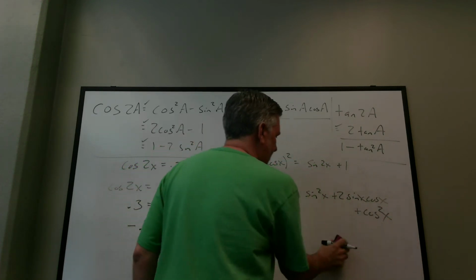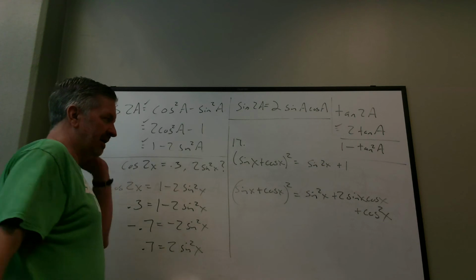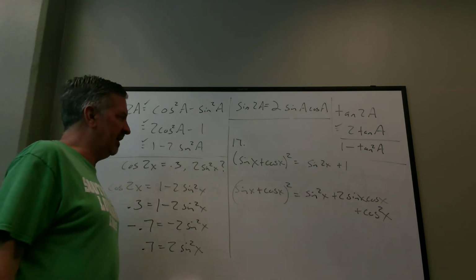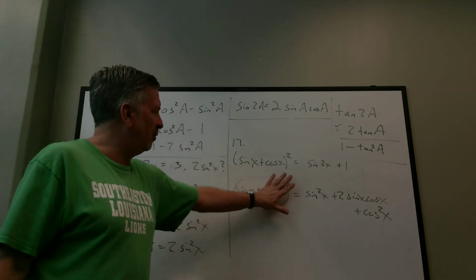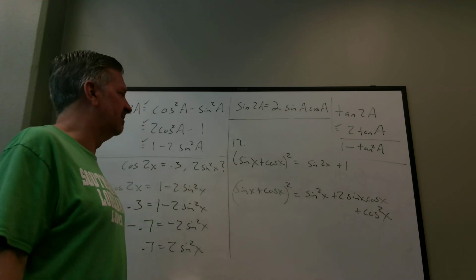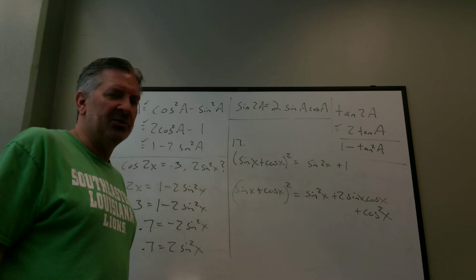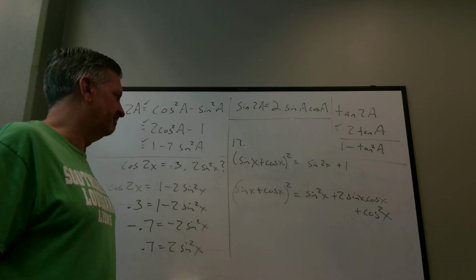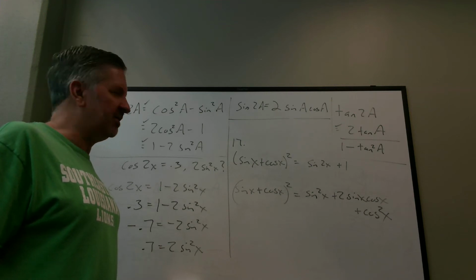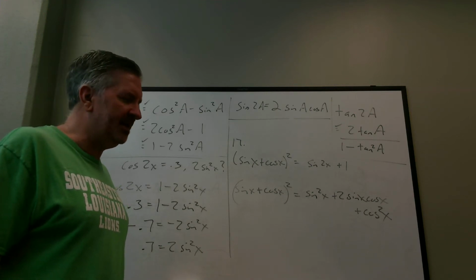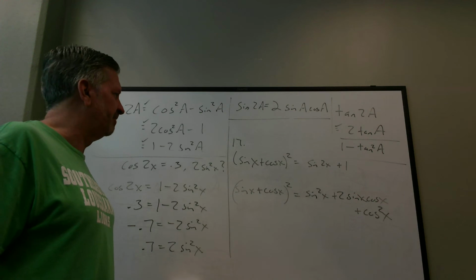Now, it looks like we got a lot worse. And sometimes they do get a lot worse before they get better. But now we don't have a whole thing squared, we just have a sum of things. Well, do you have an idea of what to do next on this problem? There's 2 things. Again, always do one thing in each step, please, so I can follow your work.